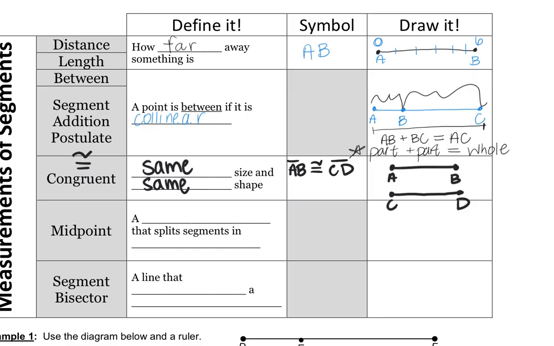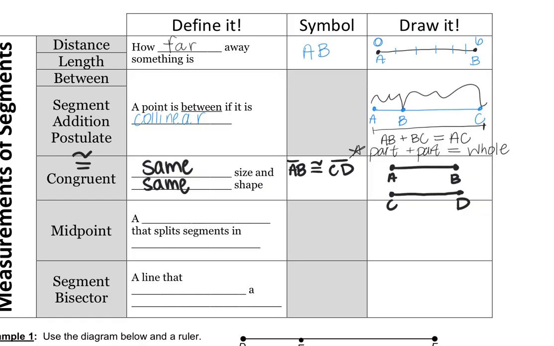Congruente quiere decir igual. La misma distancia, la misma figura. So yo hice mi visual. Tengo esta línea de A a B y C a D es la otra distancia. Tenemos dos segmentos diferentes, pero es la misma figura, es una línea, es un segmento y tiene el mismo tamaño.